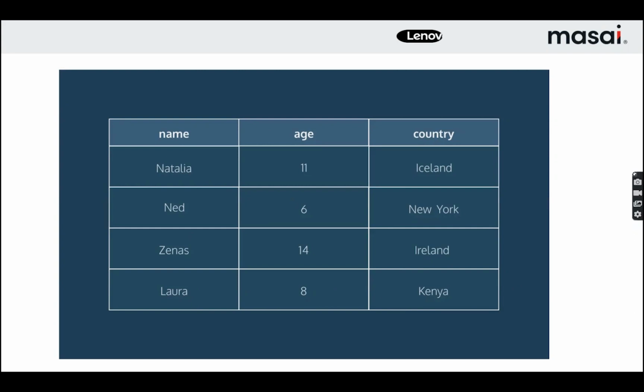Then there is also an order table, and a product table, which has the information of all the products present on Amazon. So many tables are required if you are working on any web development project.